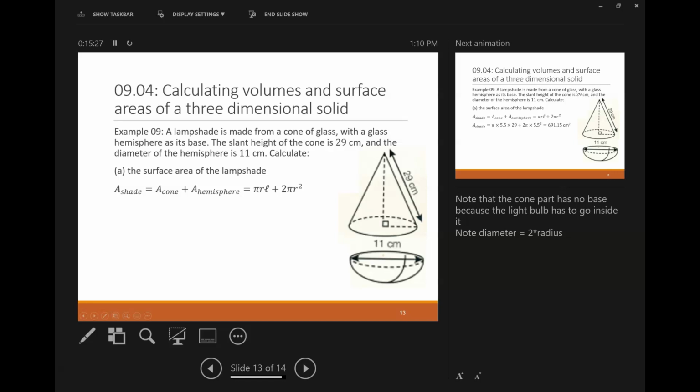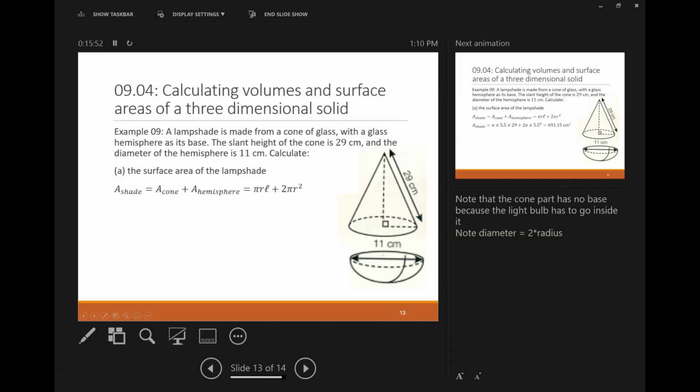So with the hemisphere here at the bottom, are we including the top of this hemisphere? No, right? The lampshade's going to sit on top of that. No top to that hemisphere. Everybody agree with that? So here's my surface area for the cone, not including a bottom.